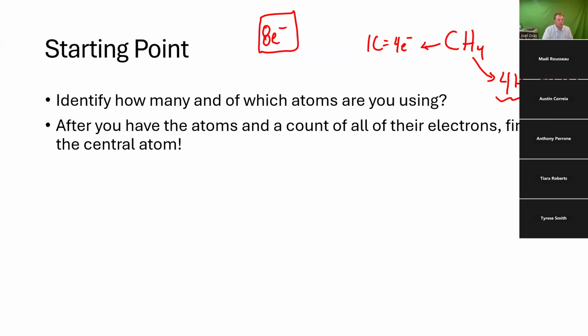Each one of those hydrogens has 1 electron, so 4 times 1 electron is 4 electrons from hydrogen. And we had 4 electrons coming from carbon. So that's how I got to 8. Can whoever messaged me that question confirm? Yes, I got it.